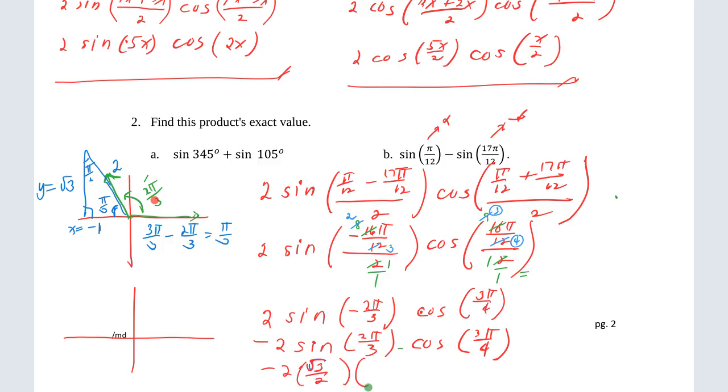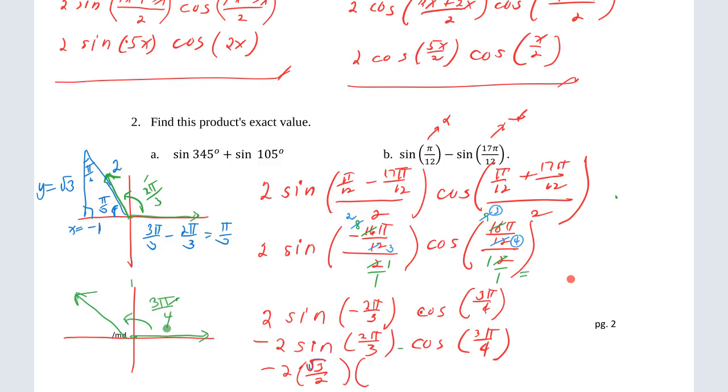Now, for the cosine of 3 pi over 4, let me go ahead and grab this first in the initial side. Multiples of pi over 4, so that's going to be 1, 2, 3, in quadrant 2, so this is 3 pi over 4.